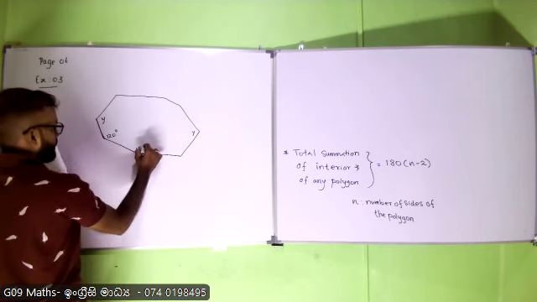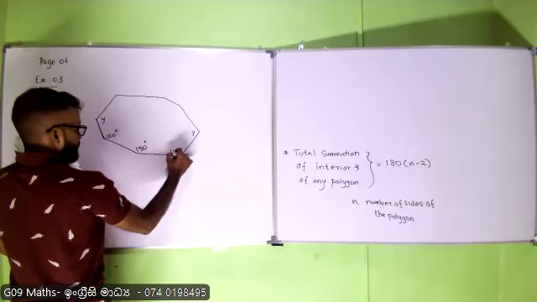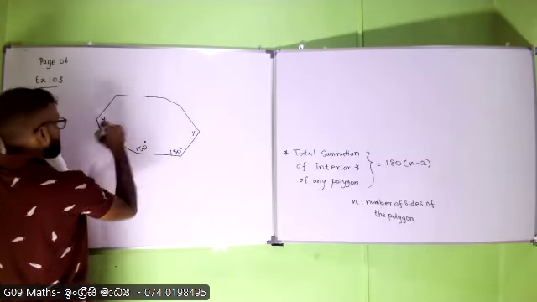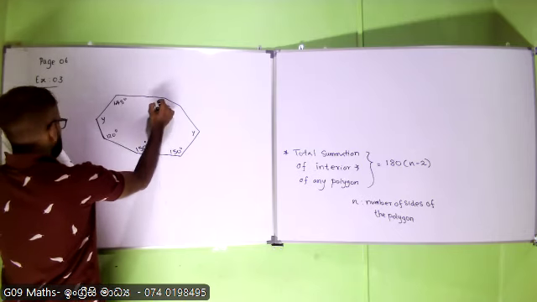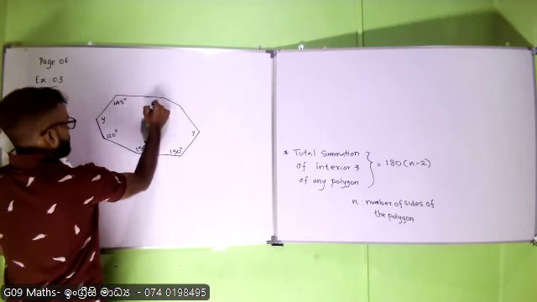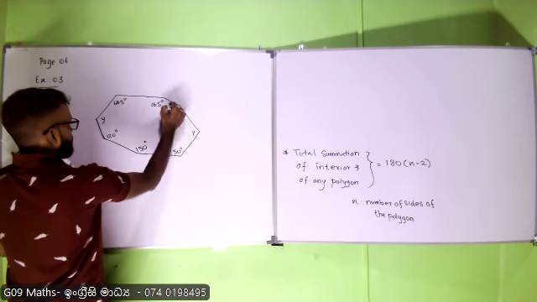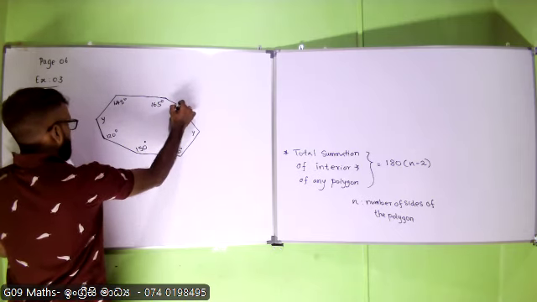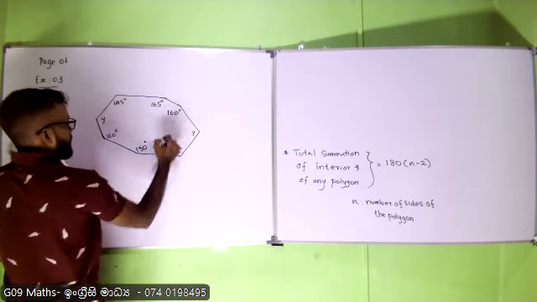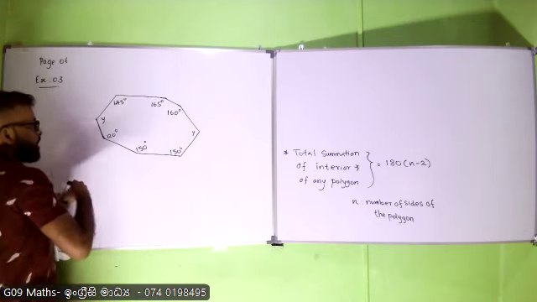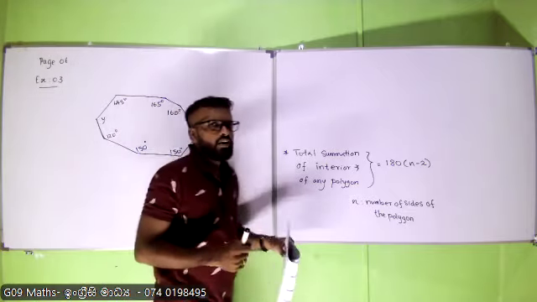This is 150, and this one also 150 degrees. This is 145 degrees, this angle is 165 degrees, and this one is 160. Now we need to find y.